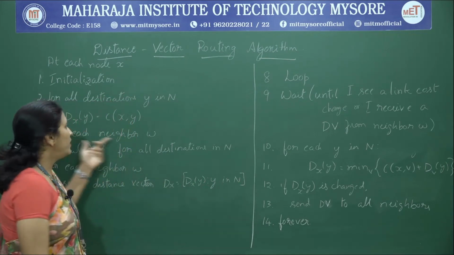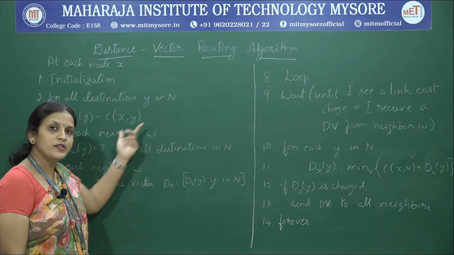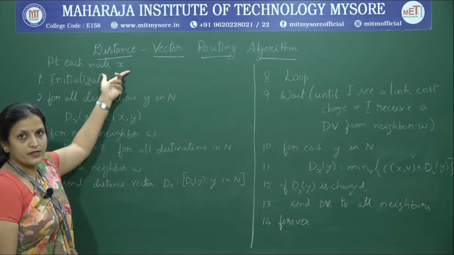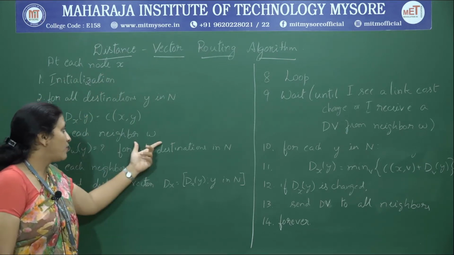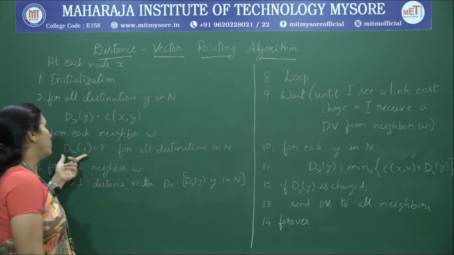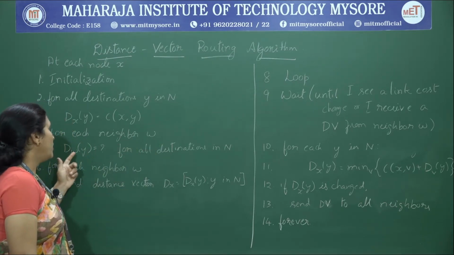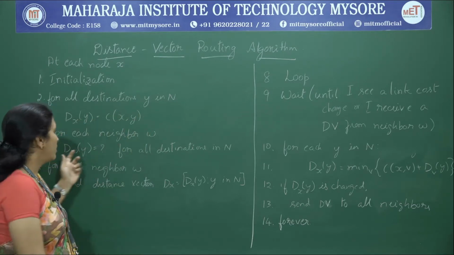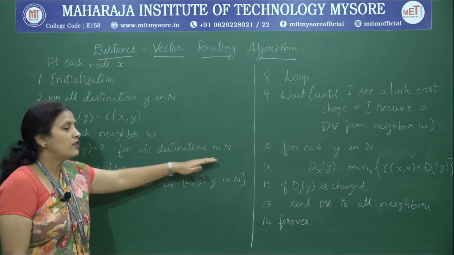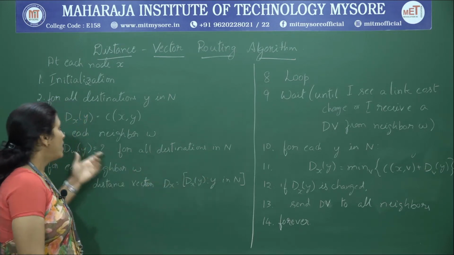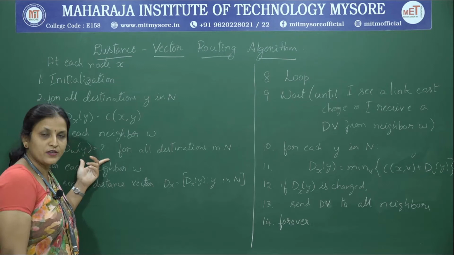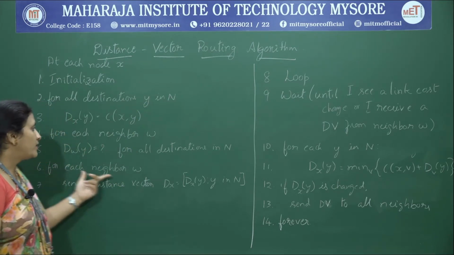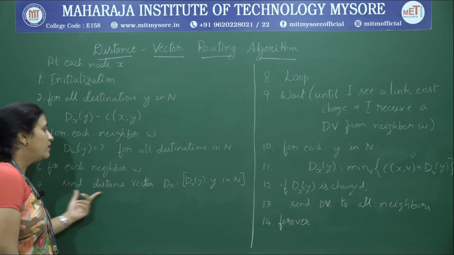For each neighbor w of x, we are considering the node x here, determine the value d w of y with the value that we have assigned here, and calculate that for all the destinations in N. After calculating the distance vector, for each neighbor w, send the distance vector.